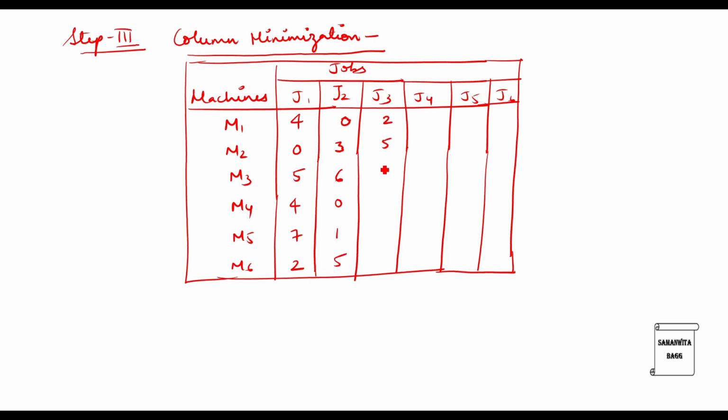This is 2, 5, 3, 0, 5, 1. This is 1, 2, 3, 0, 2, 3 and these values are 0. So now if you check by column scanning and row scanning, each column and each row will have at least one 0.